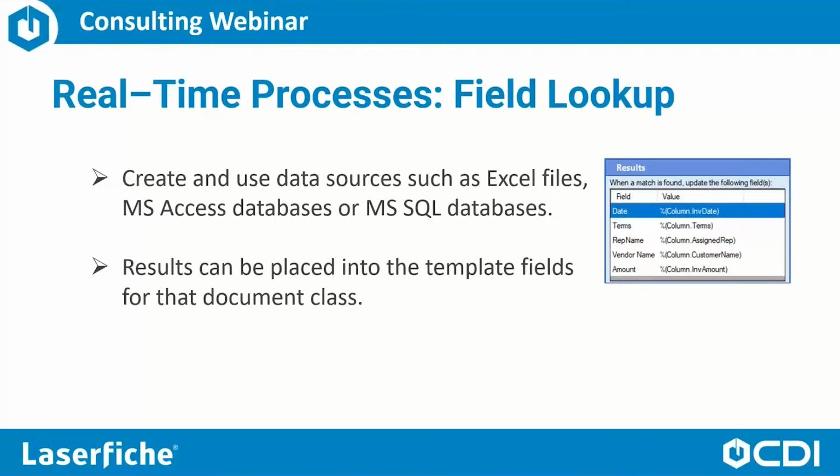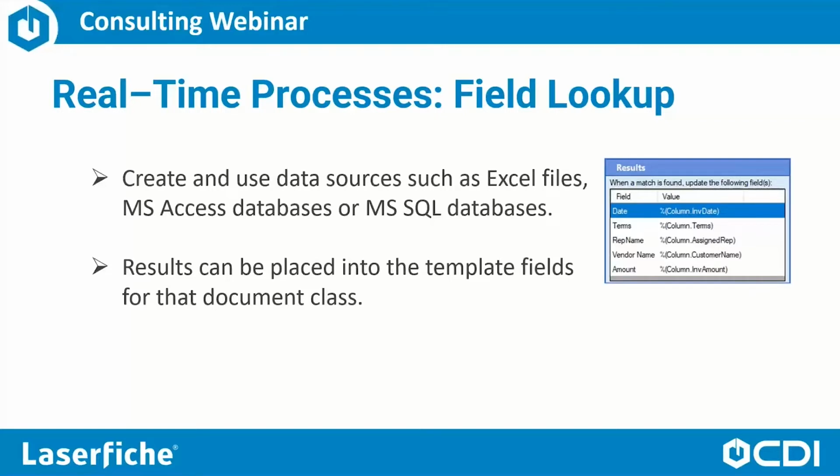And the last process we'll be looking at today is the real-time process for field lookups. Each document class can be configured to use a different real-time lookup source. And when configuring the lookup process, you can read data from a third-party database, and Quick Fields will need to be able to read that database.